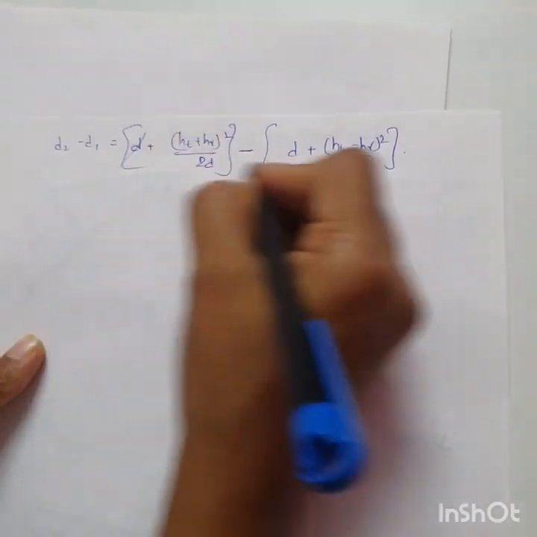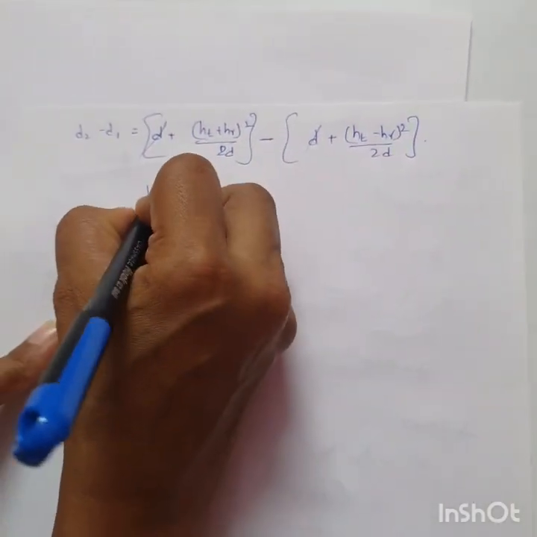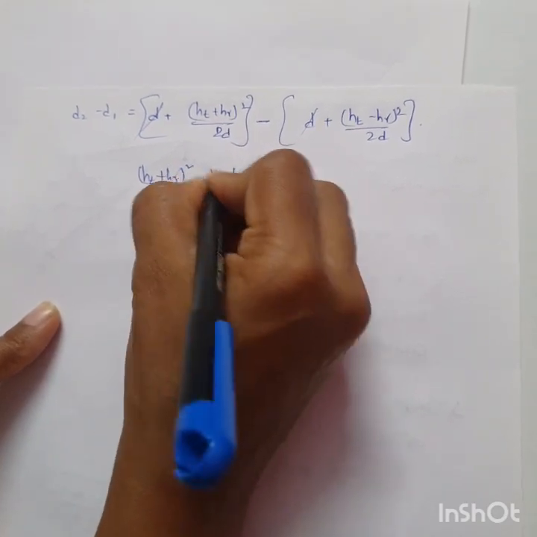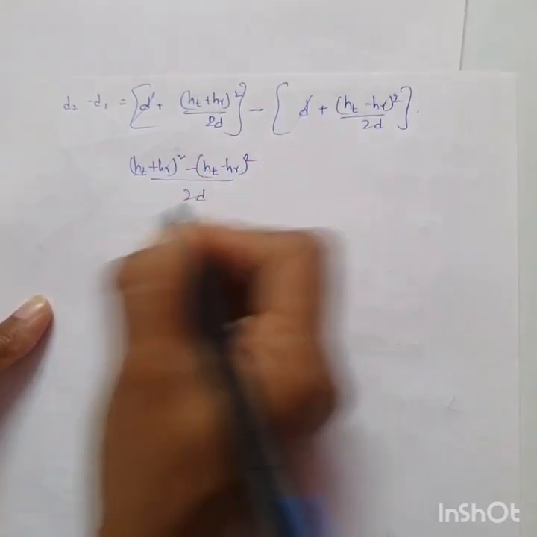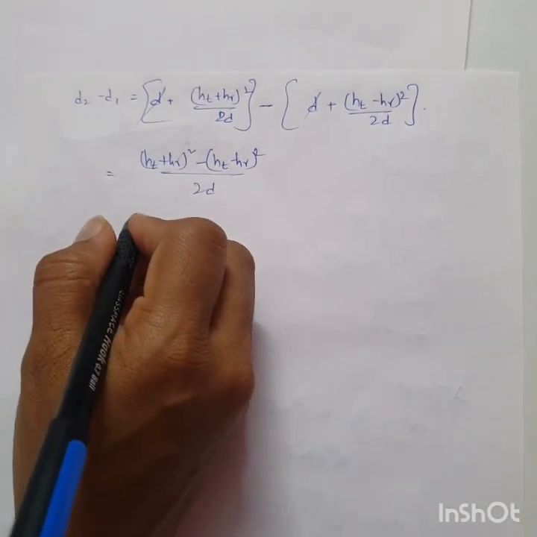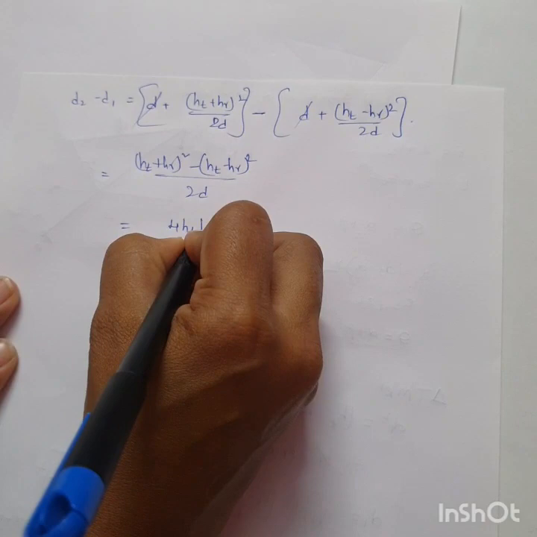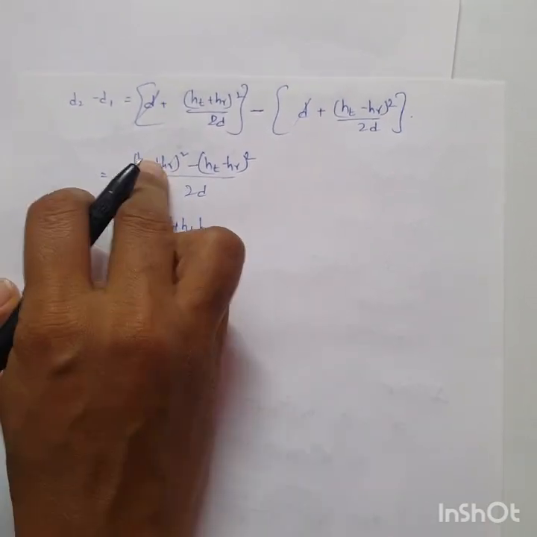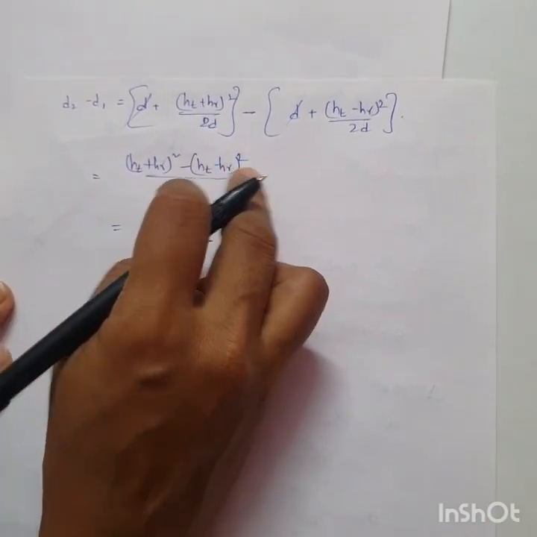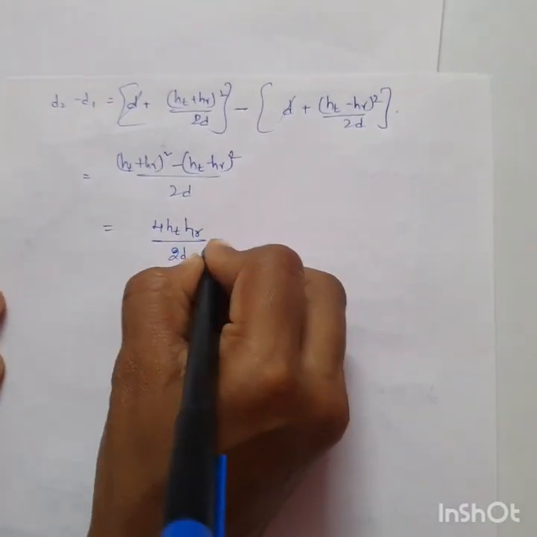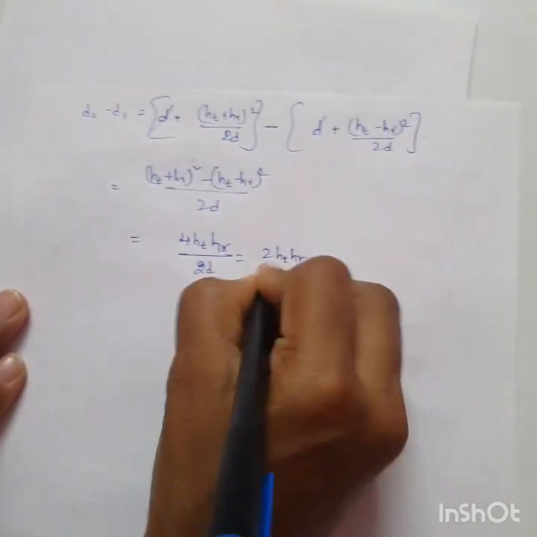The D terms cancel, leaving HT plus HR whole square minus HT minus HR whole square by 2D. Since a plus b whole square minus a minus b whole square is 4ab, we get 4 HT HR by 2D, which is 2 HT HR by D.